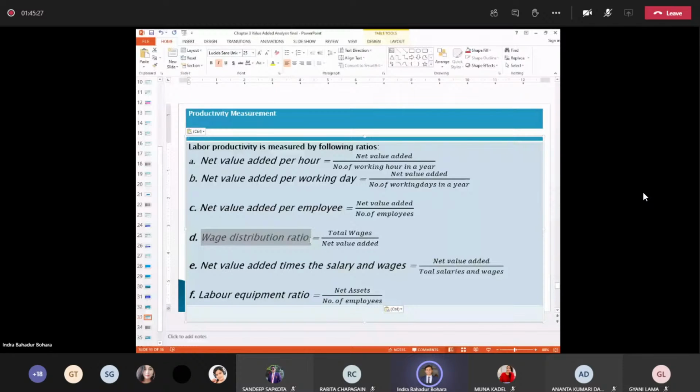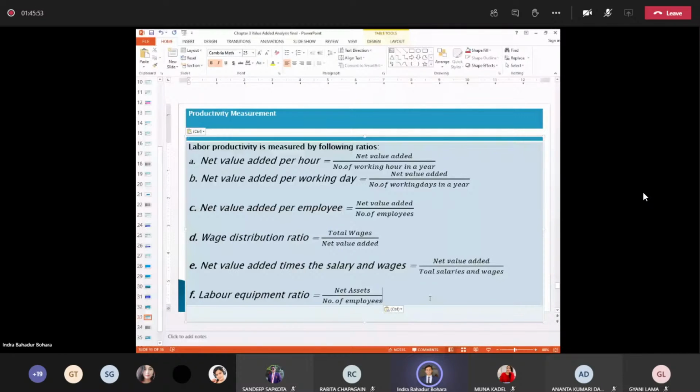The F ratio is net value added over salary and wages. The formula is just reversed, the meaning is the same. Only net value added is in the numerator here, while in the wage distribution ratio net value added is in the denominator.